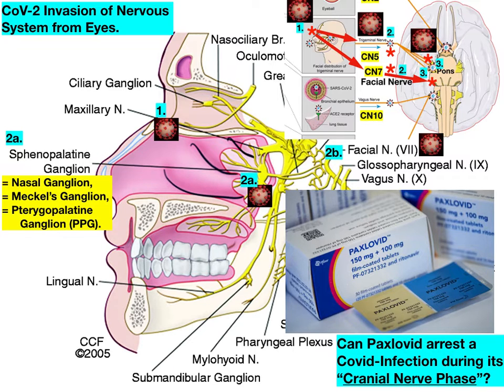Paxlovid would be expected to attenuate COVID replication within cell bodies, for instance, within the sphenopalatine ganglion. The no part would be during the transit within the axons, because the virions are not replicating while they're being transported within endosomes.